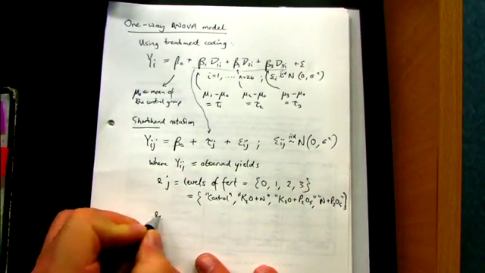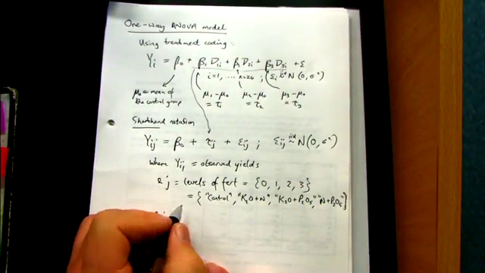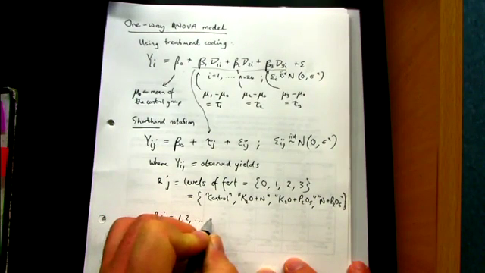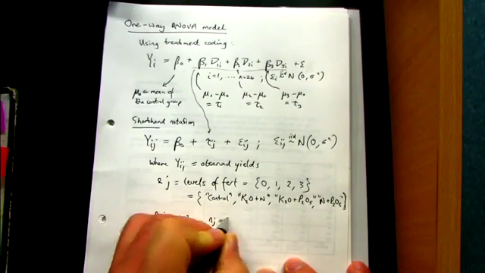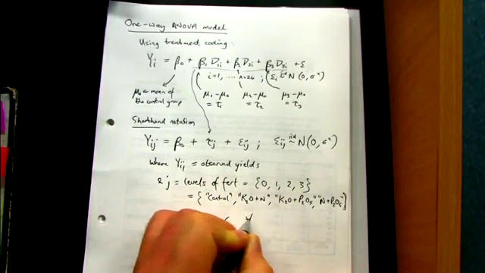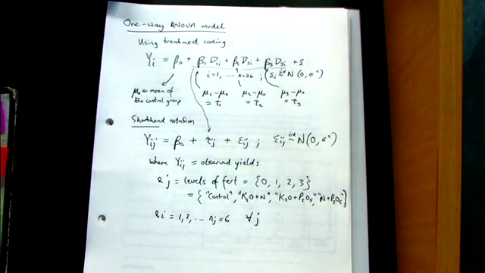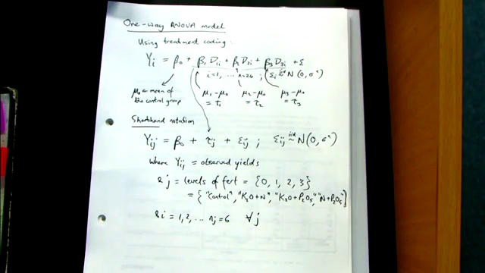And the I equals 1, 2, up to nj equals 6 for all j. So I've got six replications for each of my 4 groups.